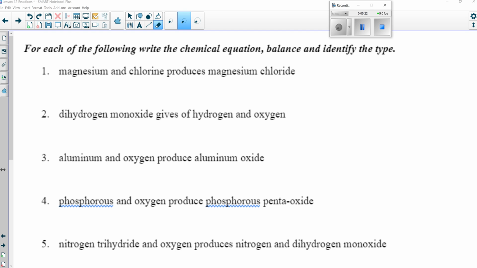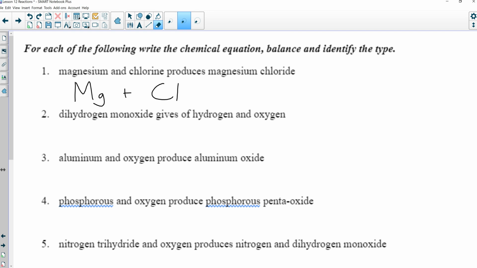On our first one, we've got magnesium and chlorine produce magnesium chloride. So magnesium looks like that. What do I have to remember about chlorine? It's special, yeah. It produces magnesium chloride, which is an ionic compound. So with this compound, I need to do what? Drop and swap.